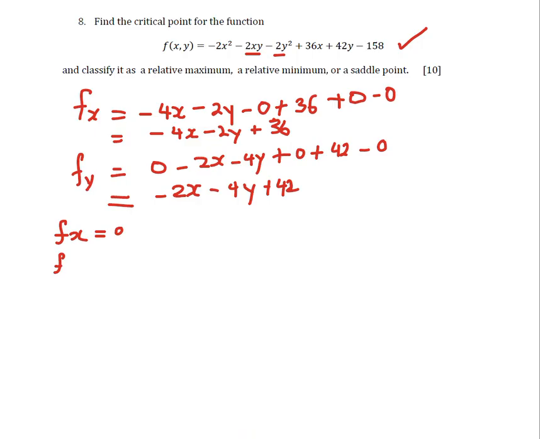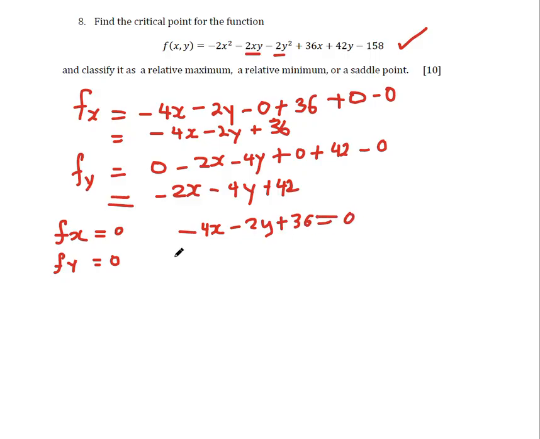We're setting fx equal to 0 and fy equal to 0. And when we solve for x and y from these, that would enable us to find our stationary points or critical points. So fx equal to 0 here would be negative 4x minus 2y plus 36 equals 0.